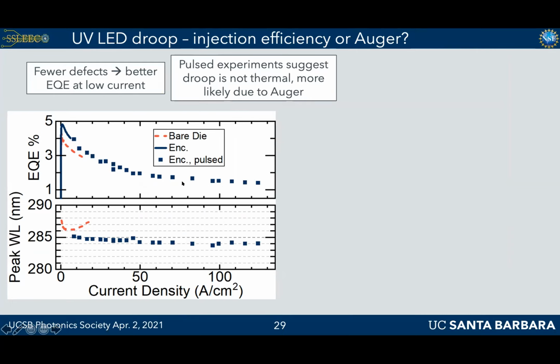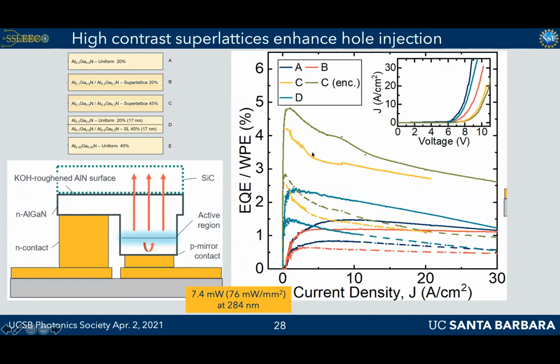People say that it's coming from injection efficiency droop, which means that as you drive the device at higher and higher voltages, you get more and more electrons overshooting. But if we look back at our results, the device with the best injection efficiency, for instance this green curve here, also had the most droop. So injection droop is pretty unlikely.